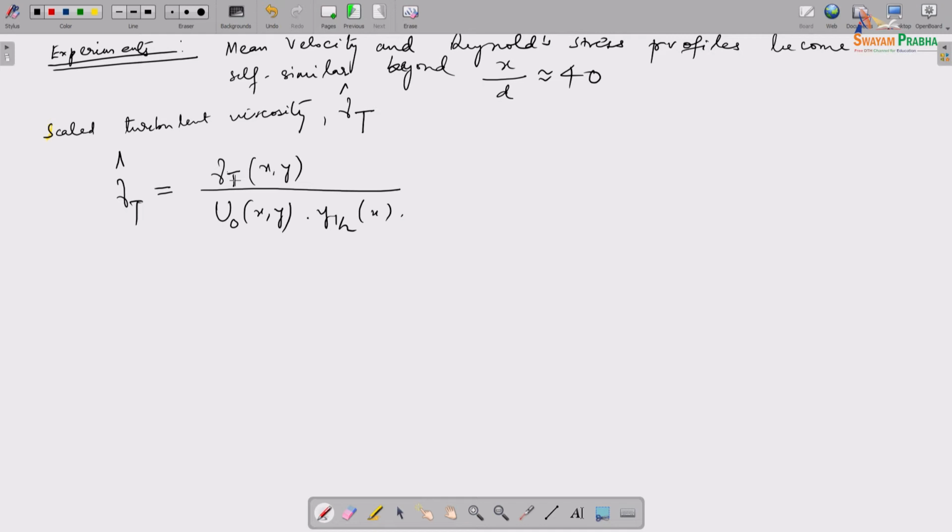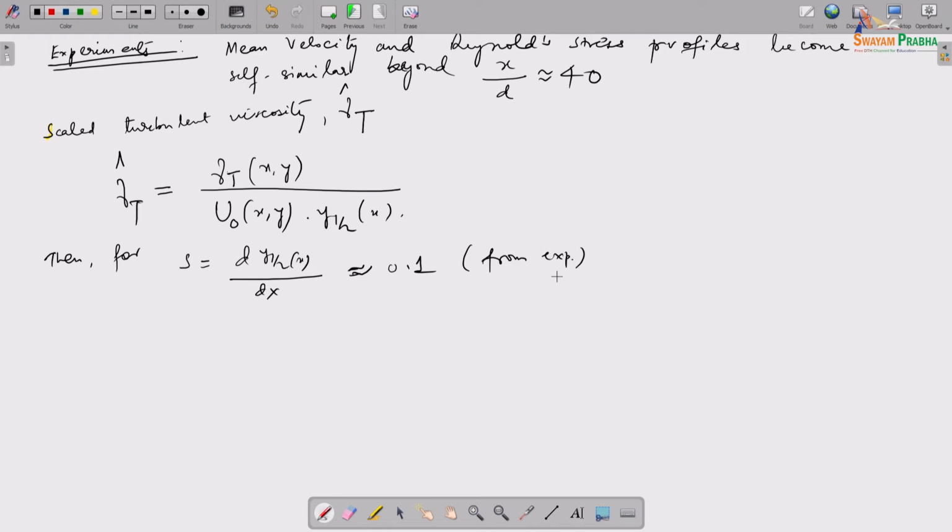Now for S equal to this, it is equal to 0.1. This is from experiment.